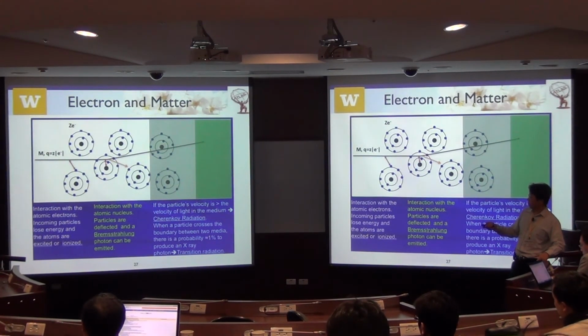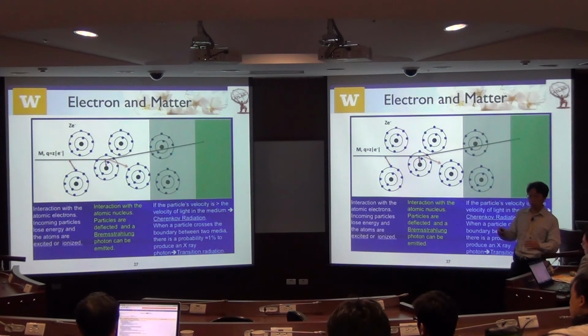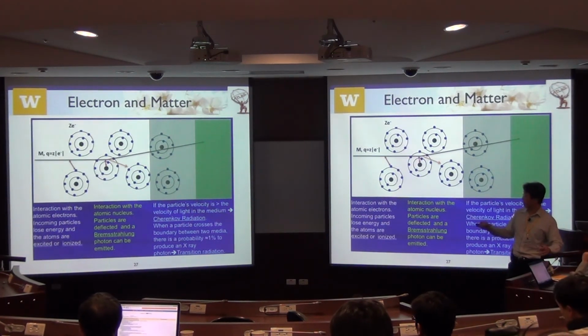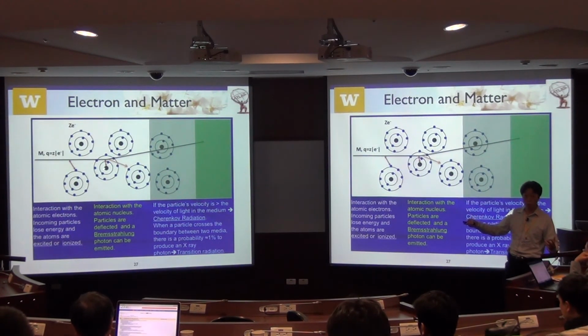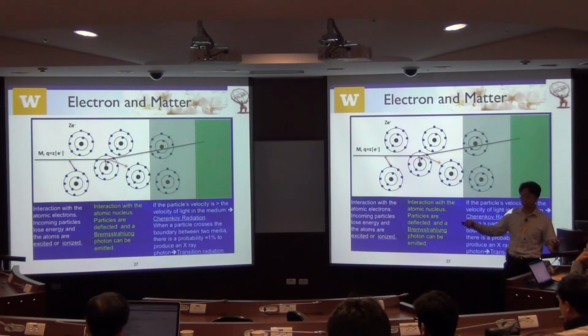However, if the electron has relatively higher energy and has a chance to go very close to the nucleus, because of the Coulomb force, it could experience quite a large kink. With this large acceleration, we know that energy will be released through bremsstrahlung radiation.